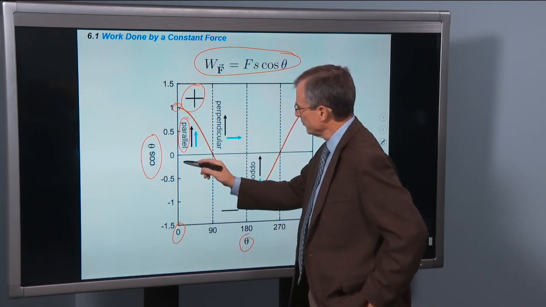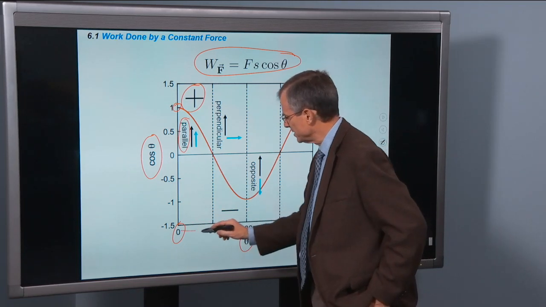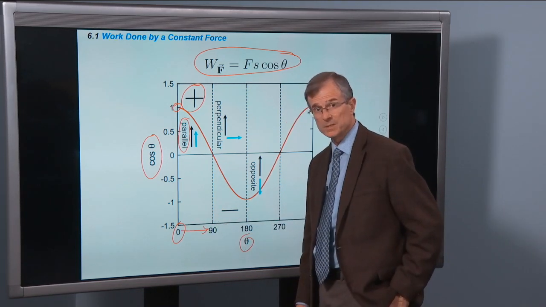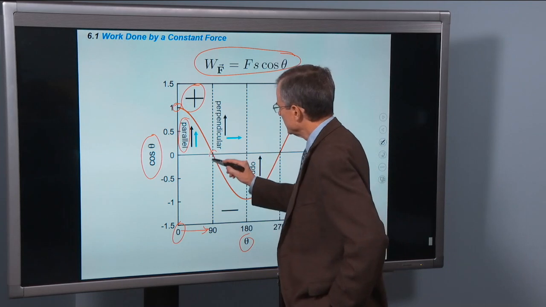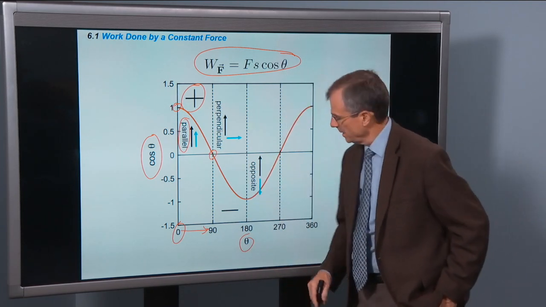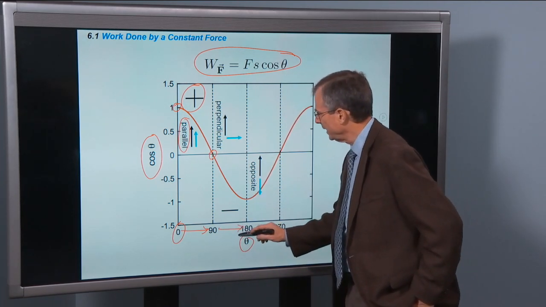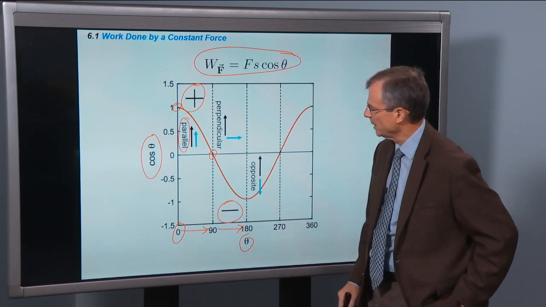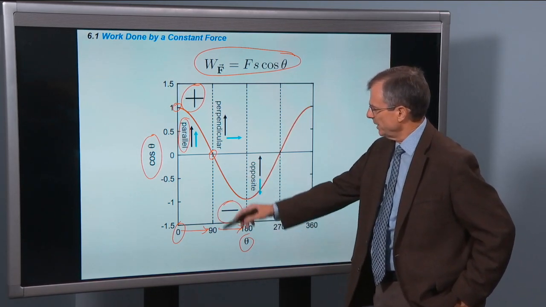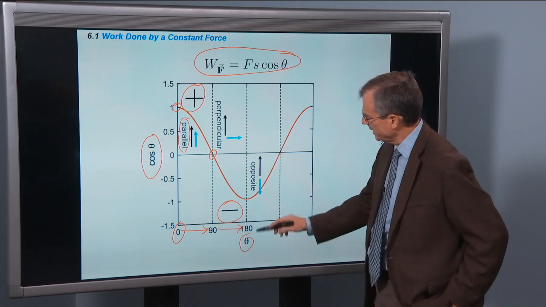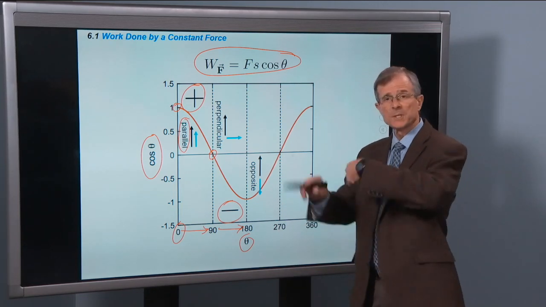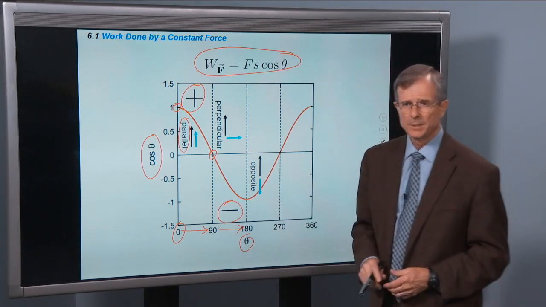So we get a positive amount of work for angles between 0 and 90 degrees. At 90 degrees, we get 0 work, and between 90 and 180, we get a negative amount of work done. So at 90 degrees, they're perpendicular, and at 180 degrees, the force and the displacement are opposite each other.